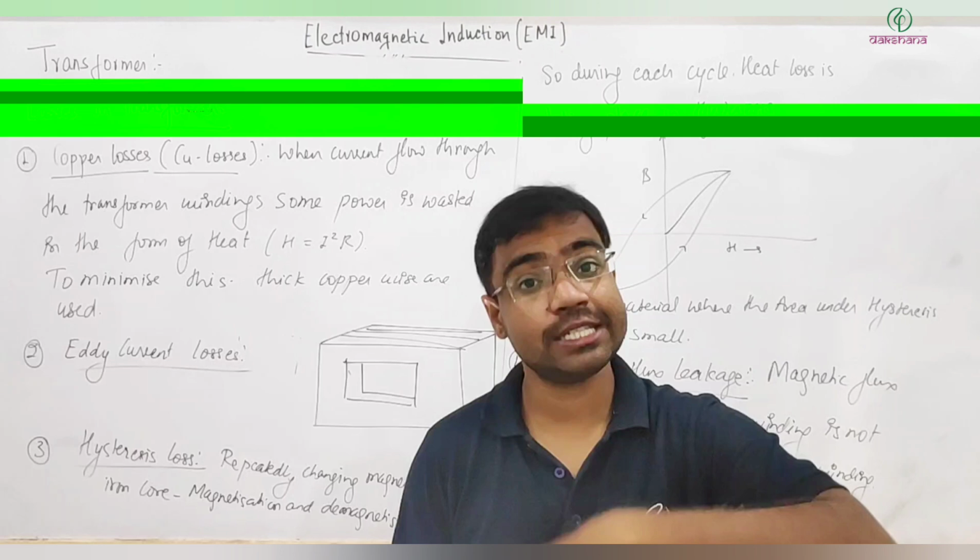Another is eddy current loss that I already just told. So you must have understood eddy current. Here the iron core is there. Let's suppose we are not using sheets of iron core, we are using a complete thick metal iron core. In that case, the change in flux is linked to this iron core.